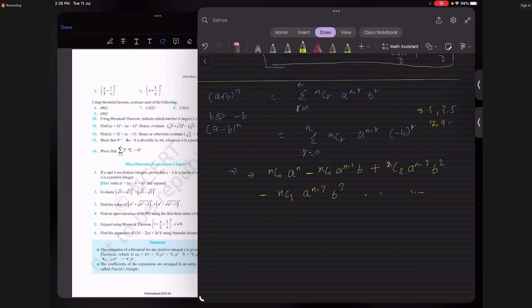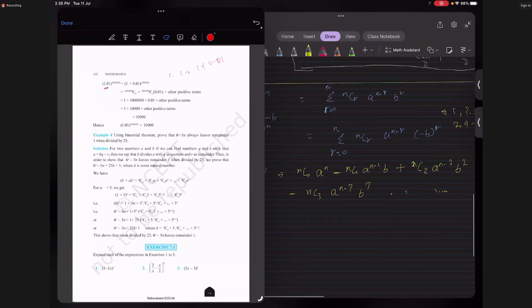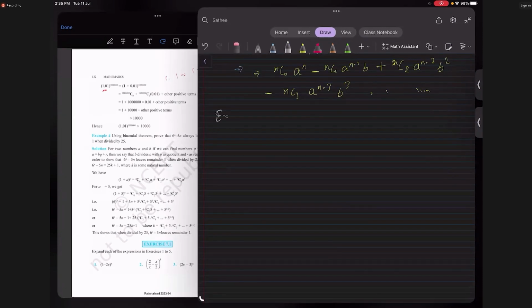Okay, so if we start with the exercise part now, then let's say we expand the second question. So you know that in the expansion there is a negative sign. So the terms like NC1, NC3, NC5 would be negative and the rest of the terms would be positive.